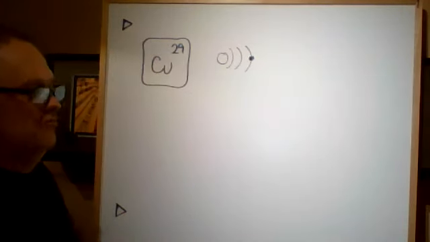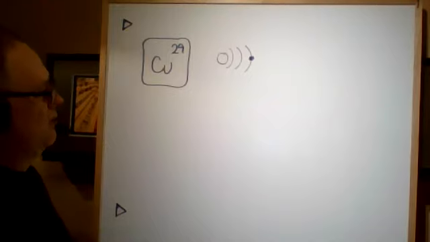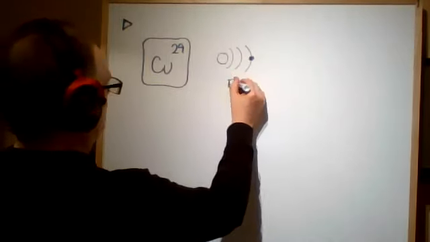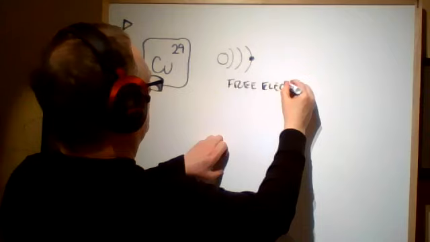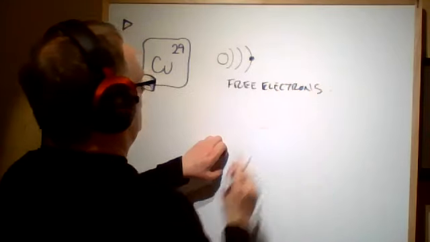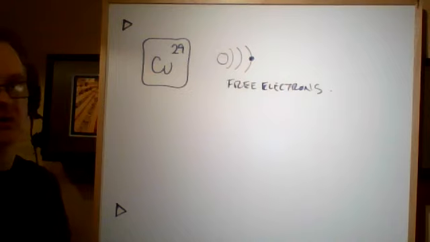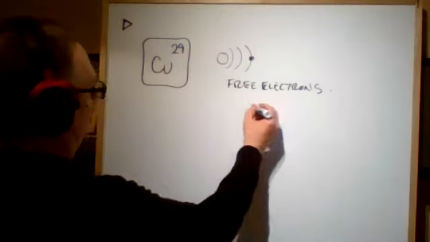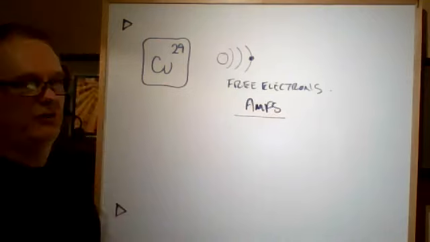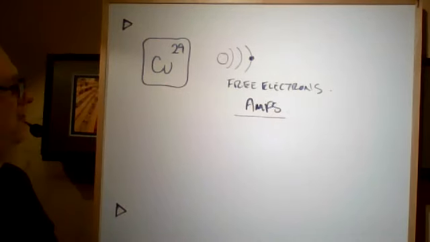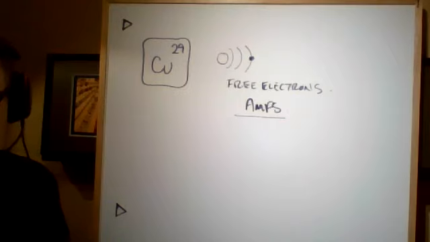What you get is this movement of what we call free electrons. And that movement, the flow of electrons, we call current, or amps. Really it's the number of free electrons in a material that determines how effective a material is at being a good conductor.